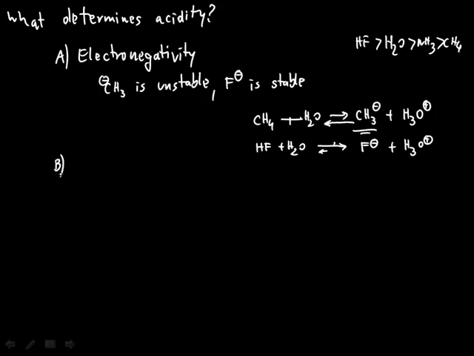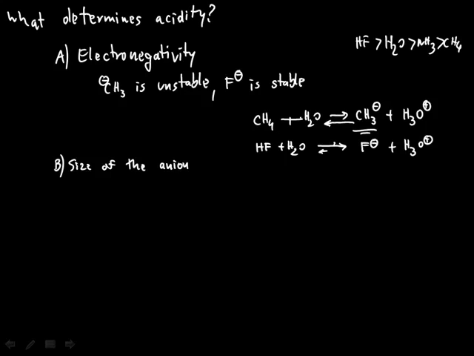The second factor that determines acidity is the size of the anion. What does this mean? Well, negative charge is happier when it's spread out over a large surface. Remember from when we talked about resonance that delocalization of charge is always favorable.